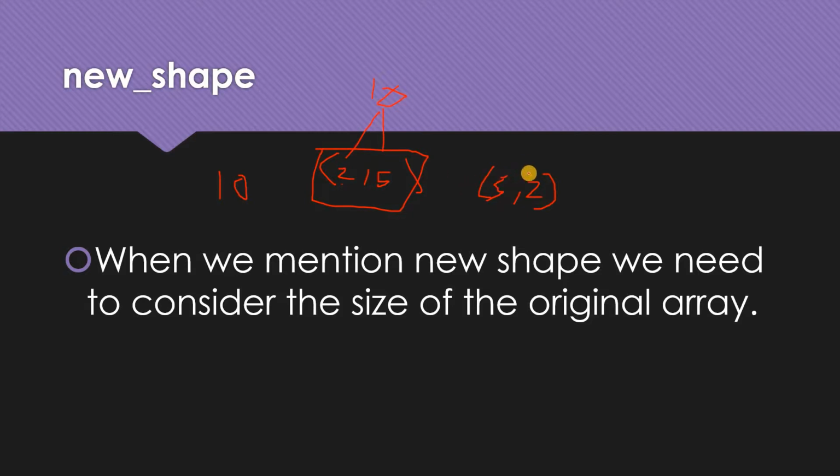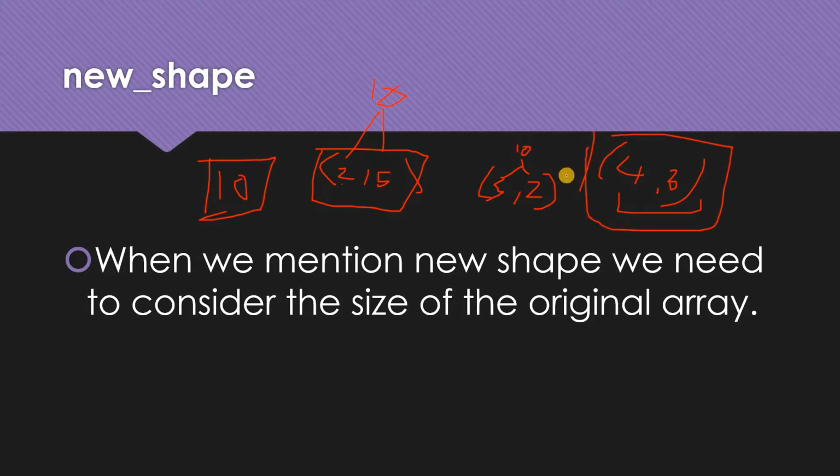Same thing goes over here. So 5 comma 2 means 5 into 2, that is 10 elements. So you just need to consider the size of the array while changing the shape, because you need to keep the data the same. If you write the shape as, say, 4 comma 3, then 4 into 3 becomes 12. Now there cannot be 12 elements in that array, because the original array has 10 elements, but the changed array cannot have 12 elements. So this is the wrong thing, and you'll get an error in this case.